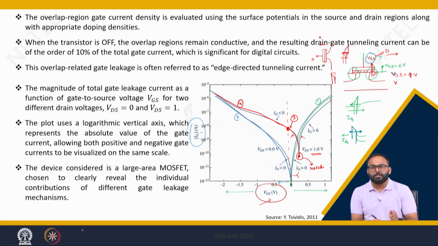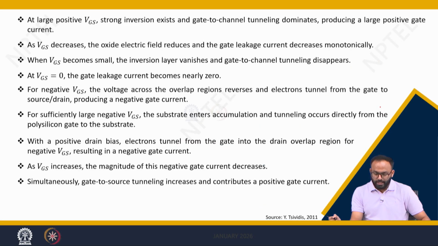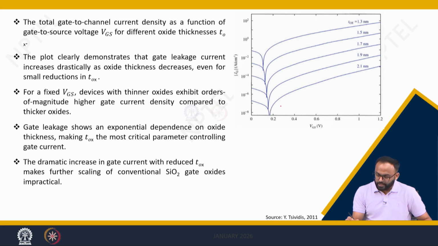So, it is clearly visible how the gate current varies in the MOSFET in terms of VGS and VDS. In addition to the terminal voltages, the gate current completely depends on the oxide thickness. If you reduce the oxide thickness, then the gate current significantly increases.